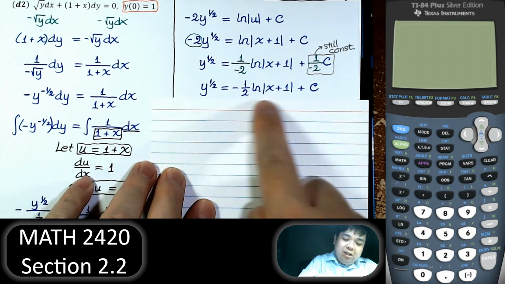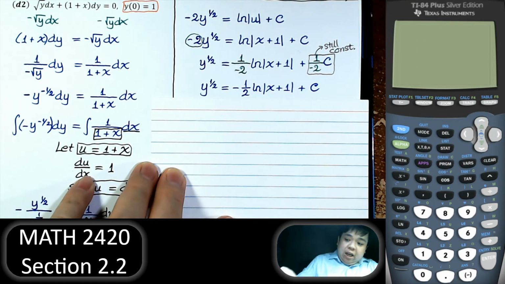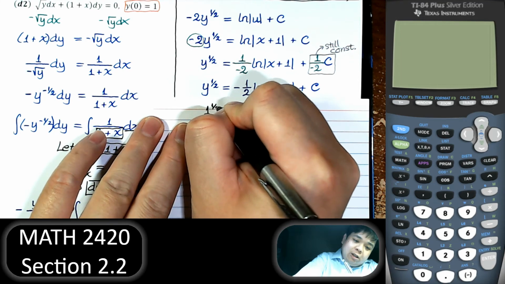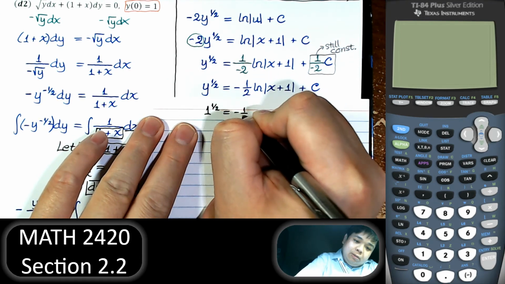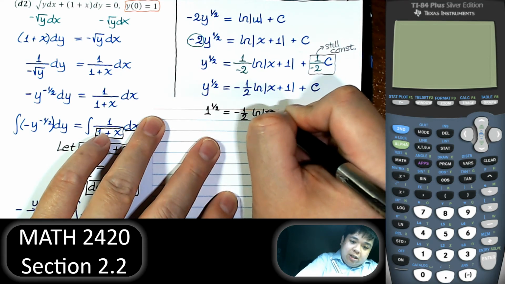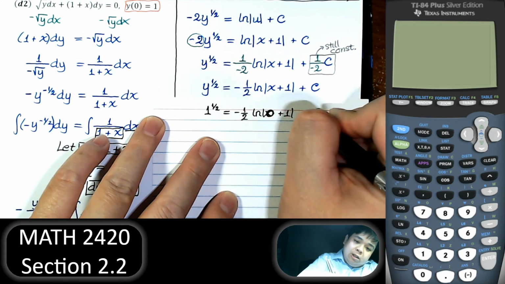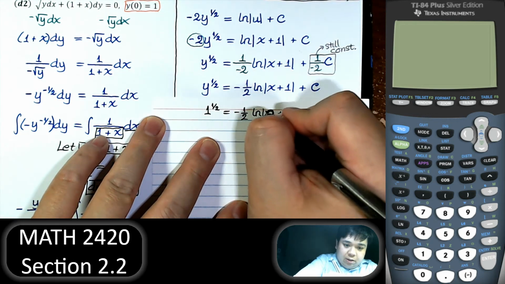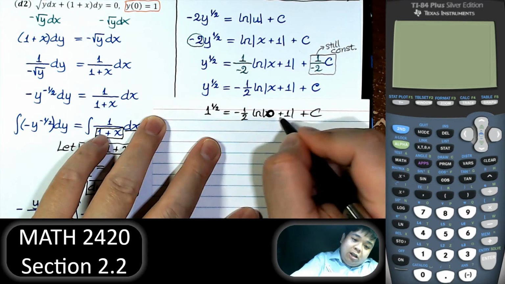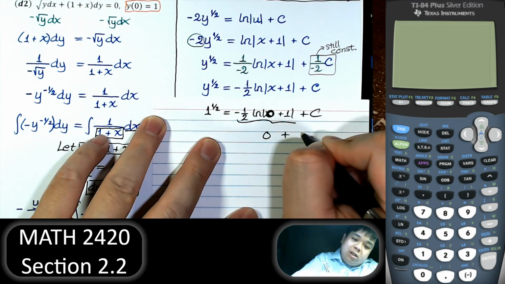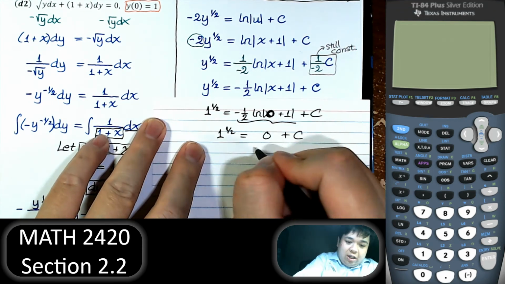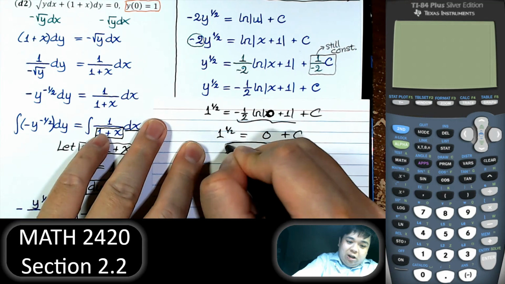Here, think about this. If we put in 1 here for y, and 0 in for x, ln of 1 is 0, so we have 0 plus c equal to 1 to the 1/2. So c is equal to 1.